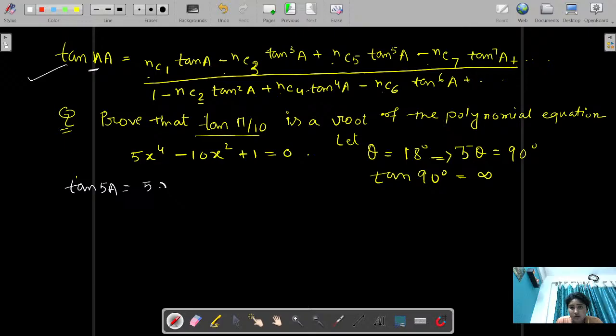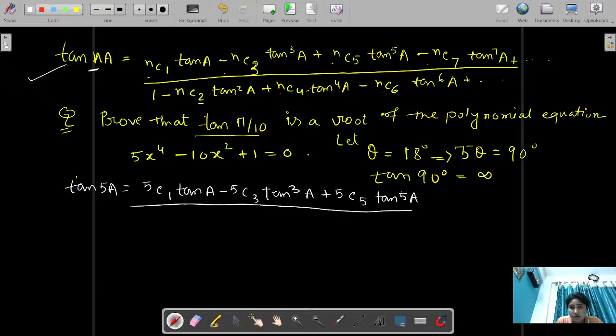I will get 5C1 tan A minus 5C3 tan cube A plus 5C5 tan to the power 5A, and this will be divided by 1 minus 5C2 tan square A plus 5C4 tan to the power 4A.